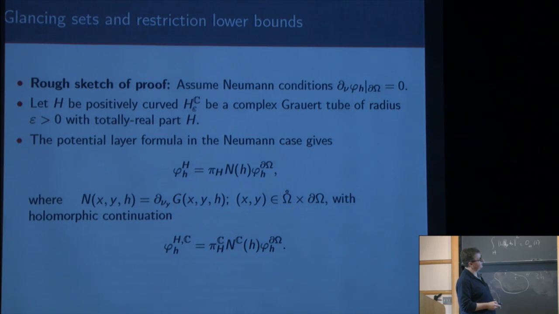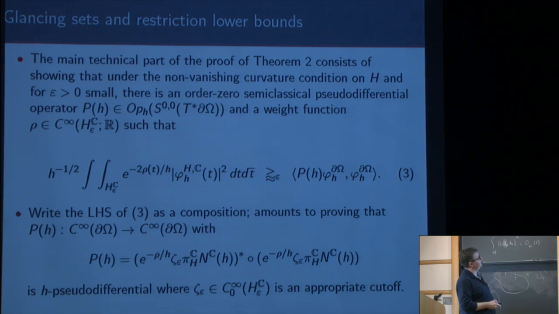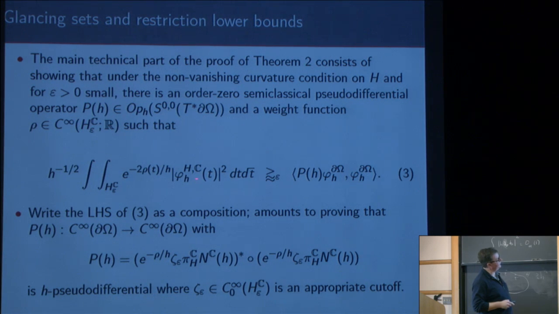So the main technical part, which I don't want to get into, is to say that I can relate a certain weighted L2 mass. You take the eigenfunctions, you holomorphically continue them, and you compute a weighted L2 mass. There's a certain weight here, so that this weighted L2 mass is actually controlled from below by a matrix element of the boundary eigenfunction, the boundary restriction of the eigenfunction.